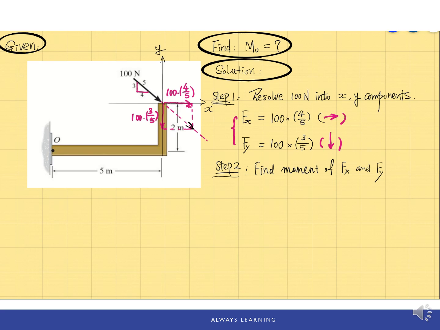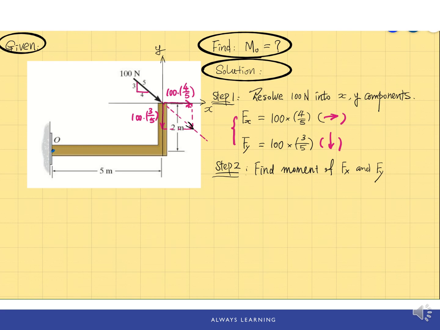The second step is to find the moment of Fx and Fy respectively. To find the moment, first we need to find the moment arm of each force. Let's start with the moment arm of Fx. The moment arm is the perpendicular distance from the point O to the line of action.